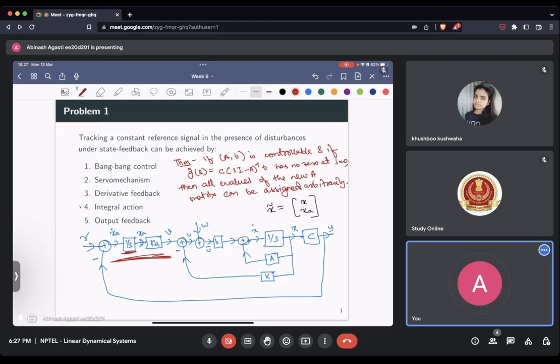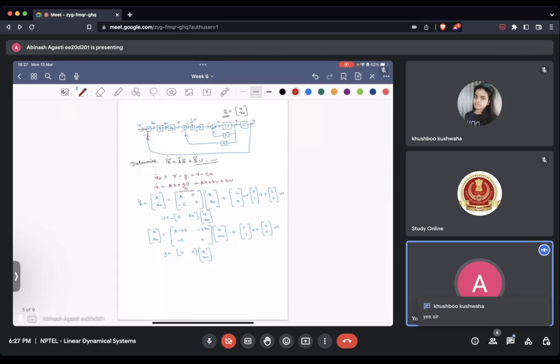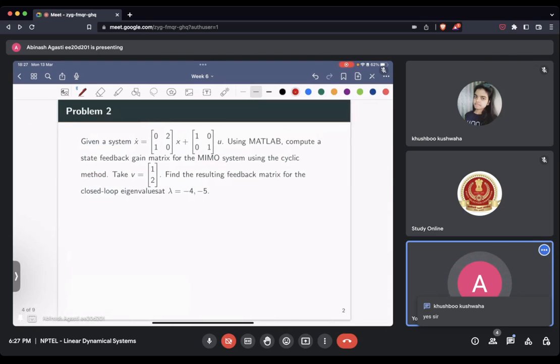So an integral action is required to track a constant reference signal in the presence of disturbances. Is this clear, whatever we discussed? Please let me know if there are any doubts. If not, we'll move ahead.